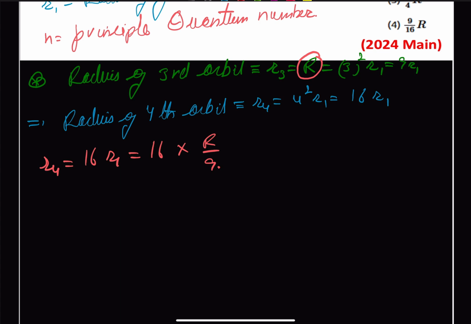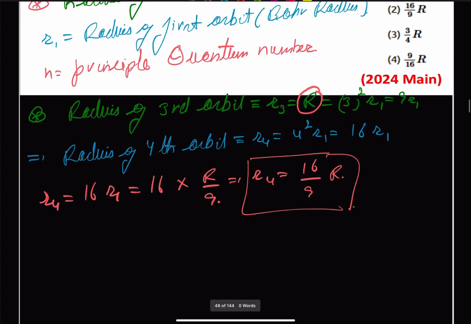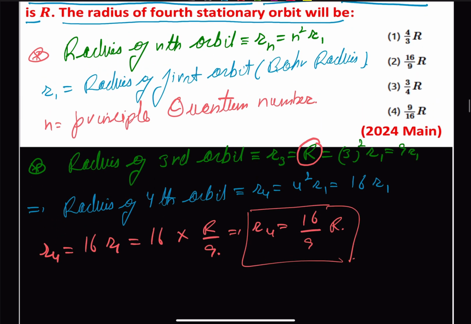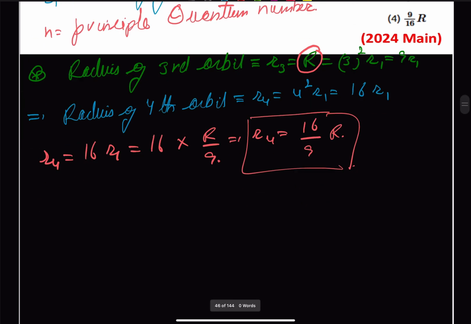This gives us R4 equal to 16 upon 9 times R. Option 2 is correct.